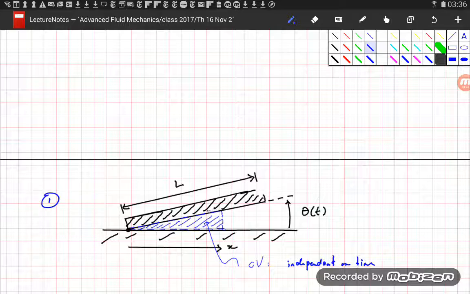And the top boundary of the control volume coincides with the position of the plate. So it's really at the position of the plate, which means that later on, as time increases, the plate is going to come inside of my control volume.